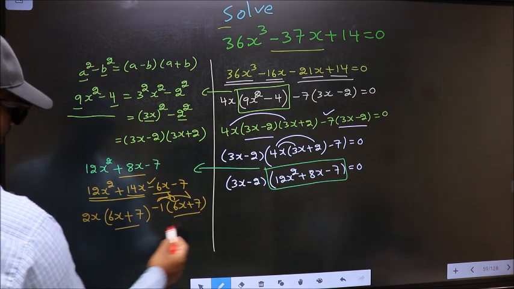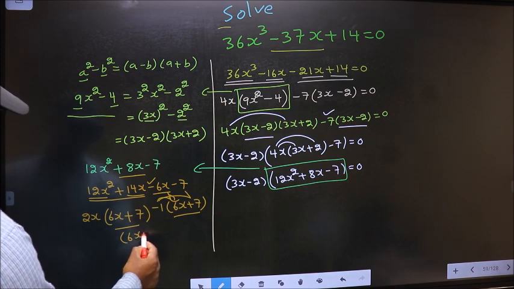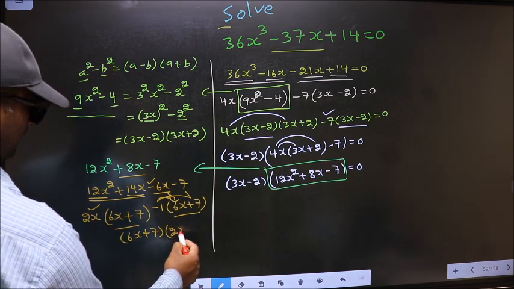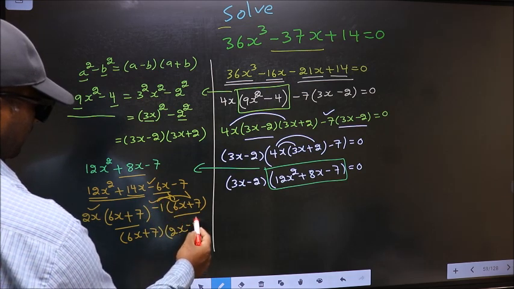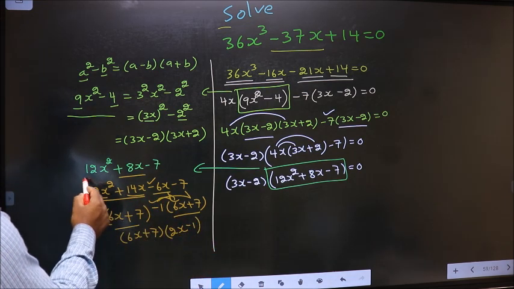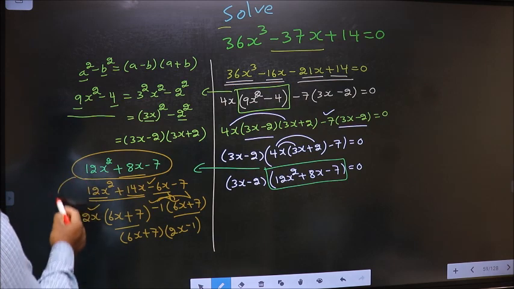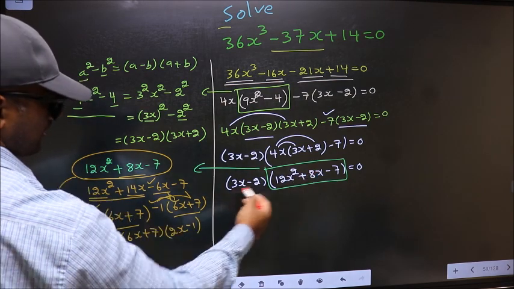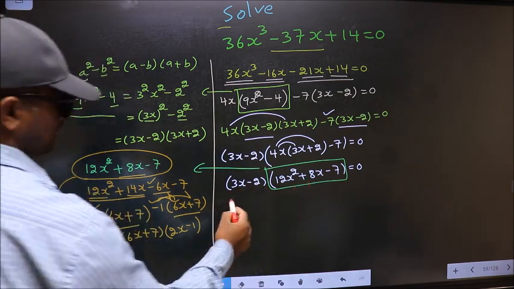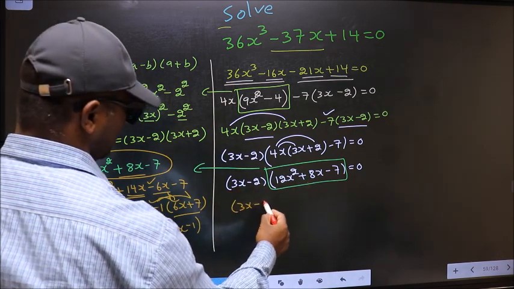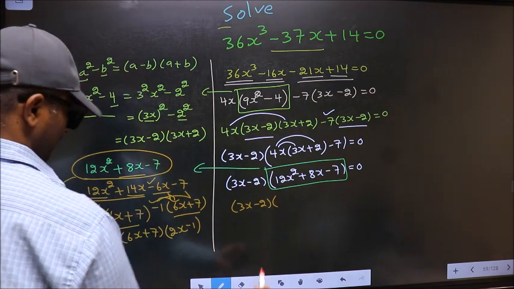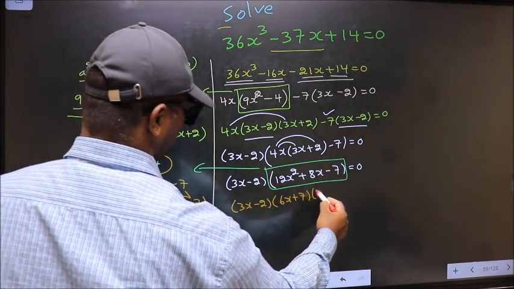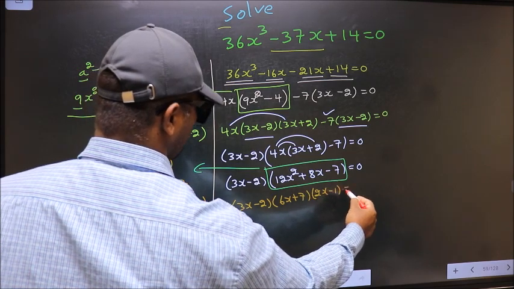Now take out 6x plus 7 common. So here we have 2x and here minus 1. Now in place of this quadratic we should write this over here. So this equation becomes 3x minus 2, 6x plus 7, 2x minus 1 equal to 0.